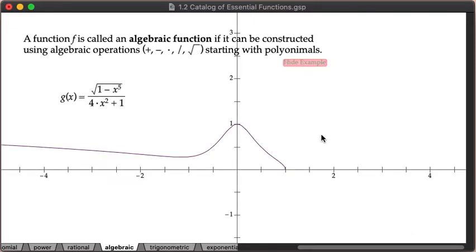So here's an example of an algebraic function. And something that is not an algebraic function is called a transcendental function. Let me just write that.